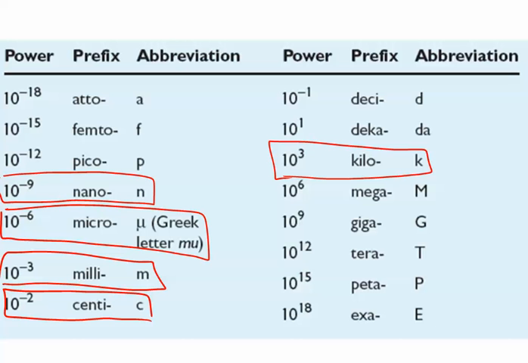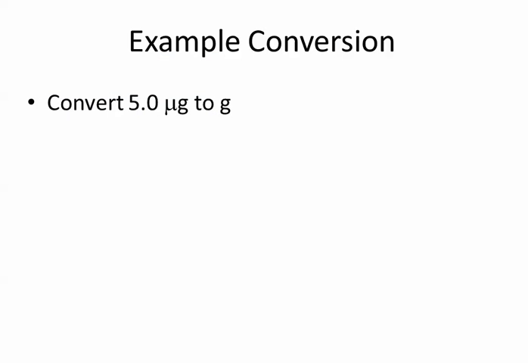Knowing these prefixes and knowing how far away they are from our base unit allows us to easily convert from one unit to another. For example, in this problem, I'm asking you to express 5 micrograms in units of just grams. So if I know how these two are related to each other, I can easily move my decimal a certain number of places in a certain direction to change my value.